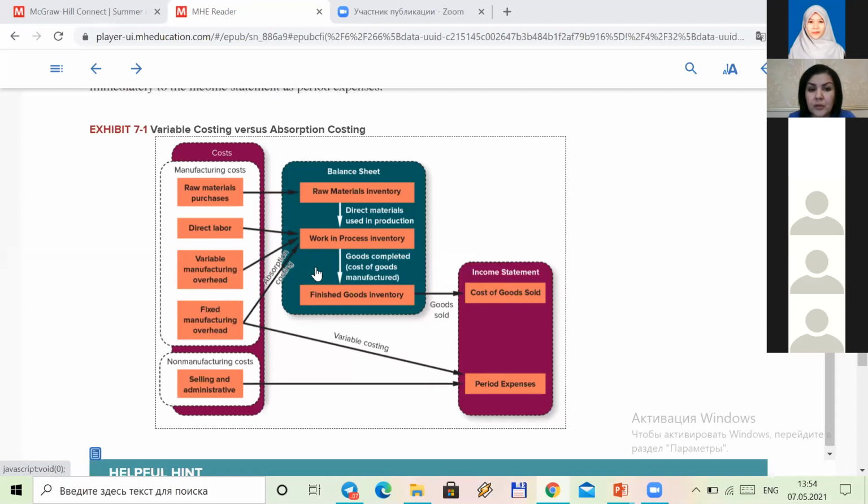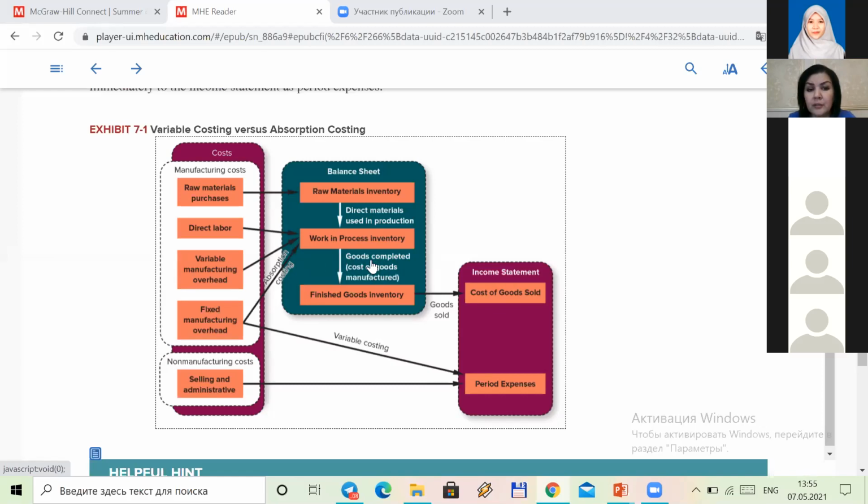So here on the debit side of the work in process account, we collect all costs. And on the credit side, we have what? The cost of goods manufactured, goods completed.